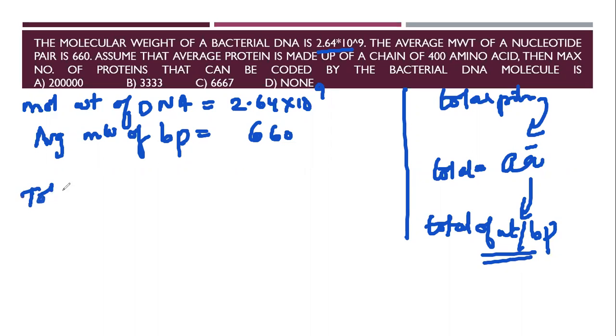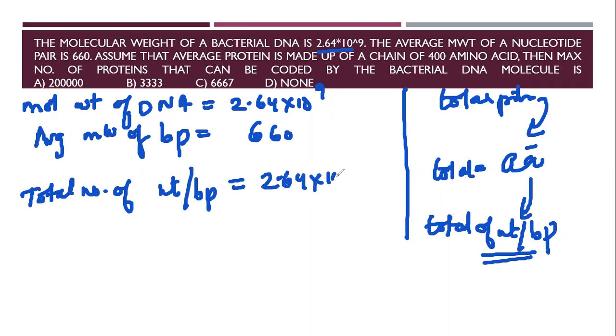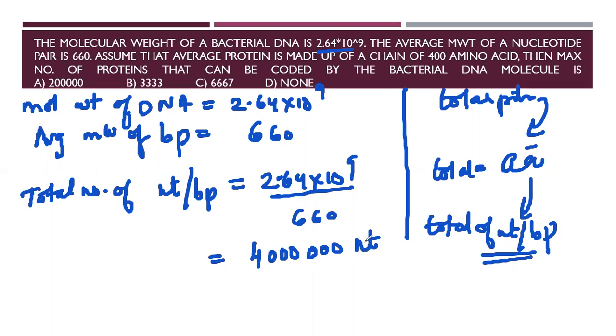So the total number of nucleotides or base pairs is equal to 2.64 into 10 raised to 9 divided by 660. So how much is this coming? It is coming around 4,000, okay? So these many nucleotide base pairs I'm having.